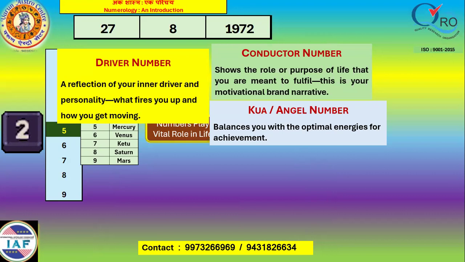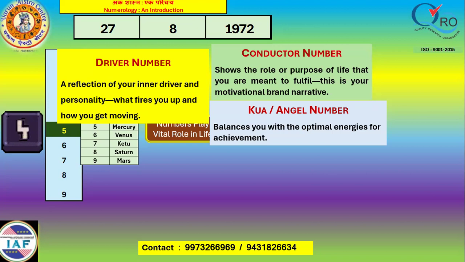The driver gives the inner personality. What does the driver do? The driver sits in the vehicle, turns on the inner part of the vehicle, that is the engine, fires it up, and then the vehicle starts moving.